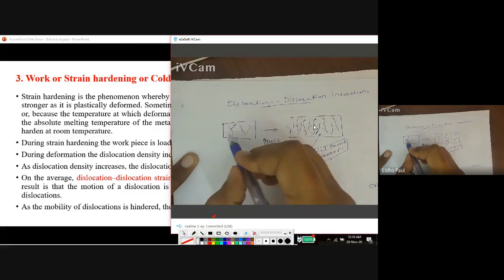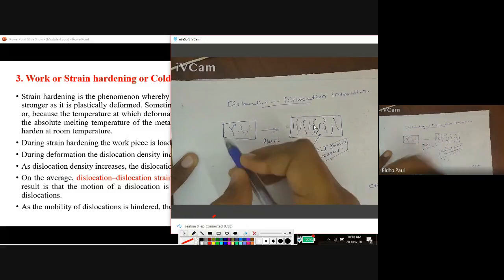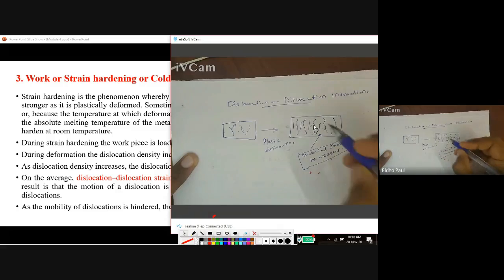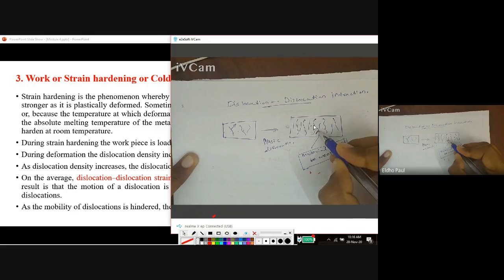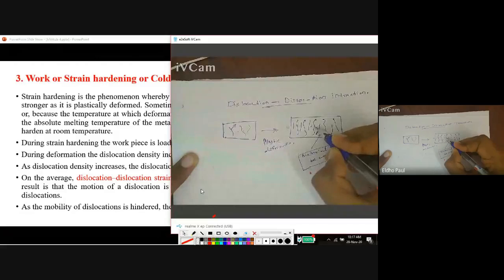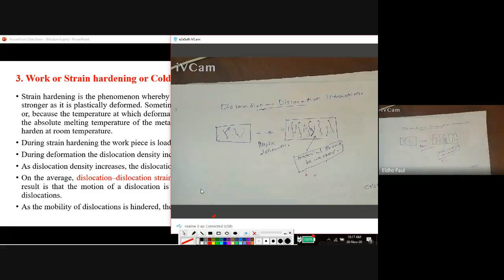Without interference from another dislocation, the probability is high that it moves from this point to this point. But when we compare this region, the dislocation density is very high. So when it moves, the probability of finding another dislocation which resists its motion is very high. Thereby the strength is increased.